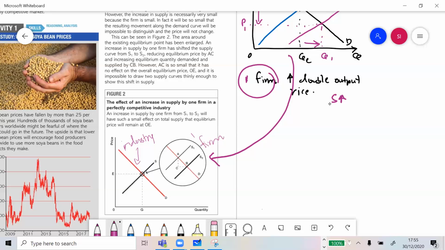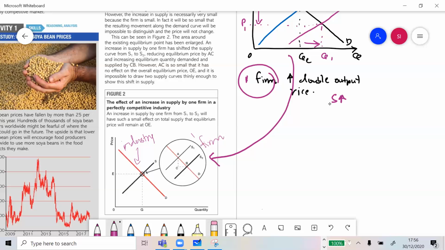However, AC is so small that it has no effect on the overall equilibrium price 0E, and it is impossible to draw two supply curves thinly enough to show the shift in the supply.